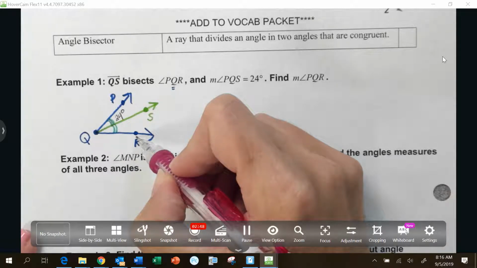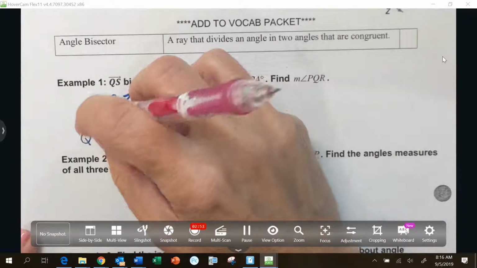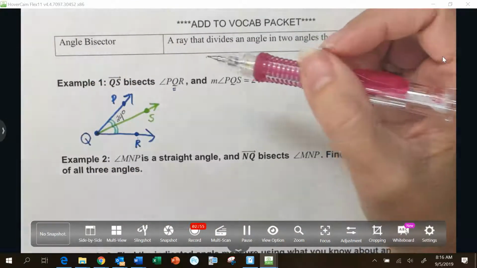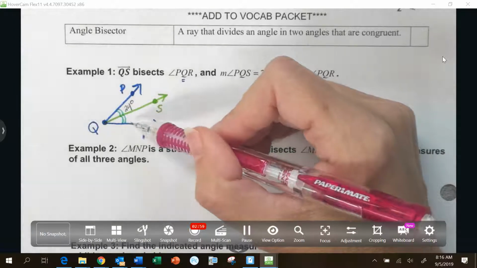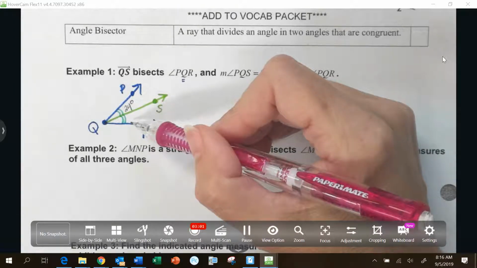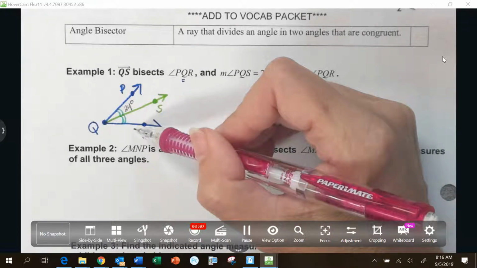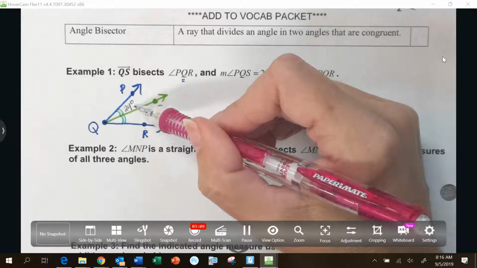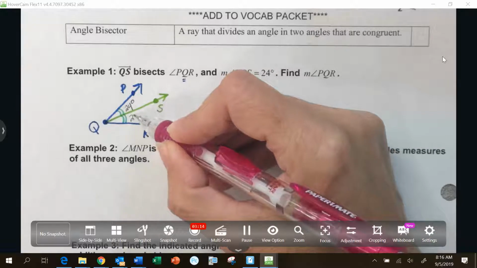Since you said that both of these angles from the bisector are congruent, I would add them together, but what's this other one? You said they're congruent. What does that mean this is, number-wise? If this one is the same as this one, it is 24 degrees. Thank you.